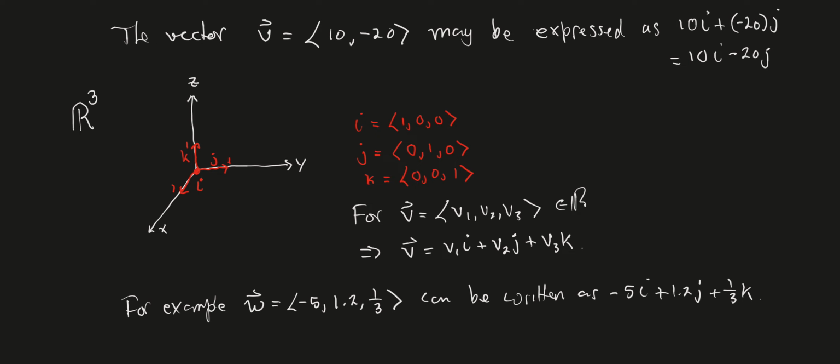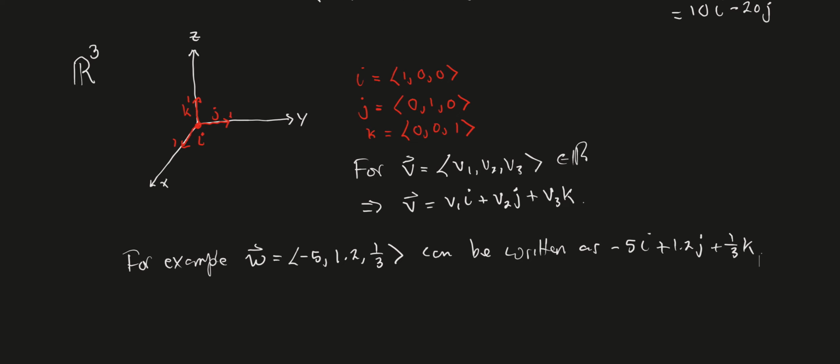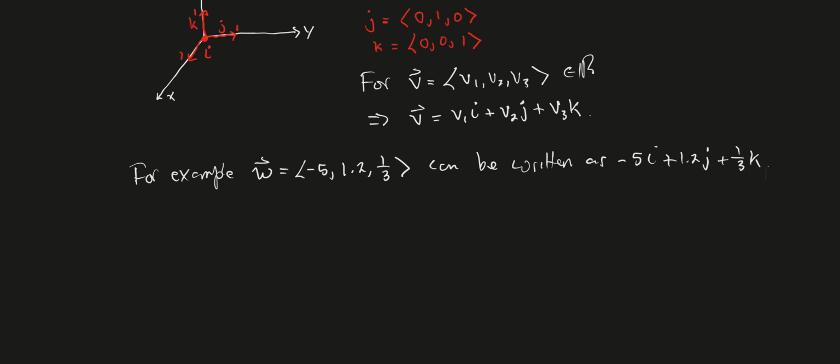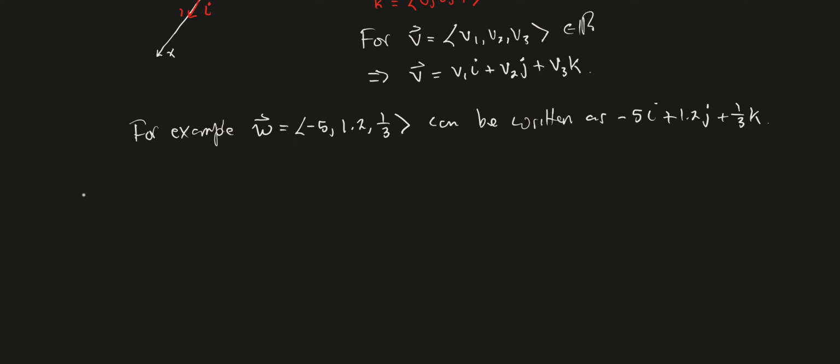Now, there is another important but simple operation that is related to the magnitude. In fact, let me illustrate it with an example, and then we'll state the general formula. Suppose I have a vector v. I'll give you the component form of it.